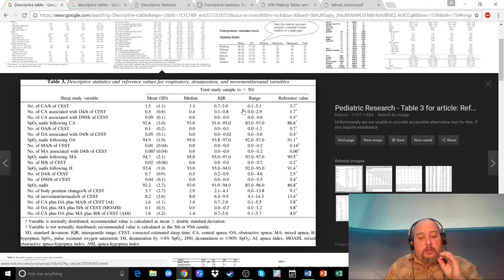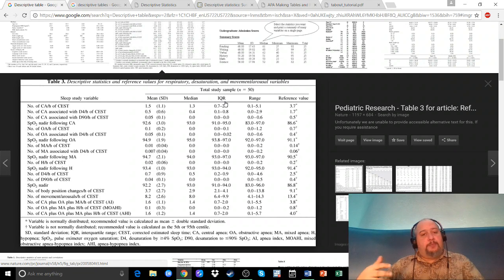No. They want to make sure that it's a table that makes sense, gives me useful information, and gives me proper information. One last thing I would say here. Look at the IQR and the range. They're not giving you the IQR and the range. They're giving you the values that would be used to find the IQR and the range.